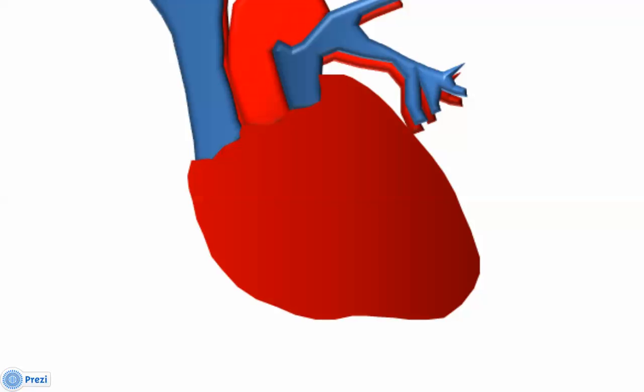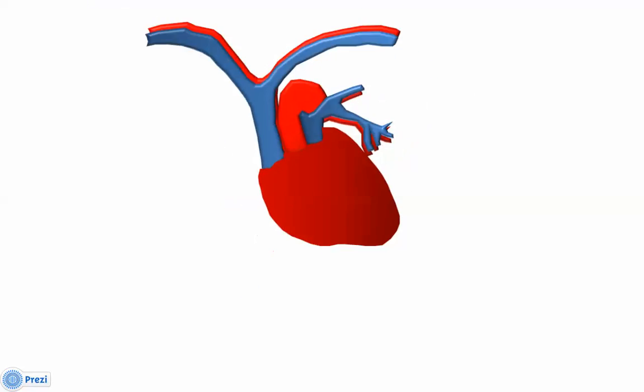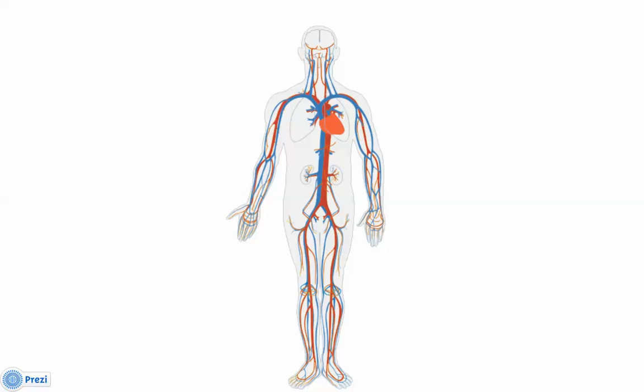And then when I take this organ, the heart, and link it with other organs, like blood vessels, I've now jumped again from the organ level to the organ system level. The heart with all the blood vessels make my cardiovascular system.